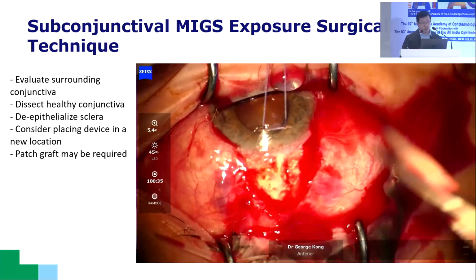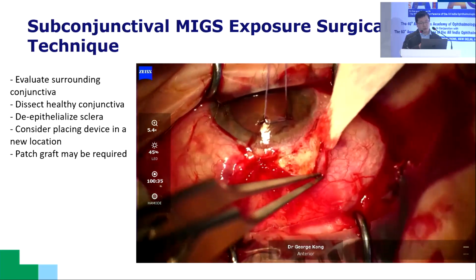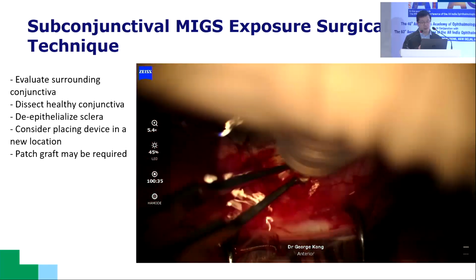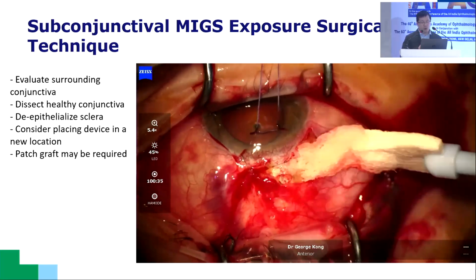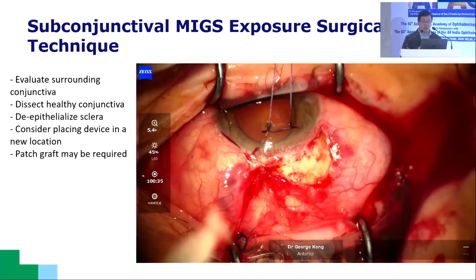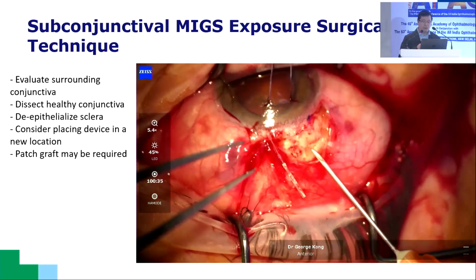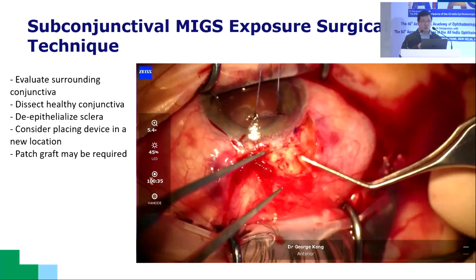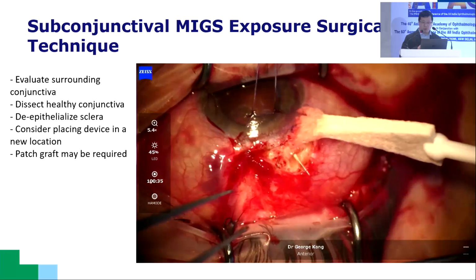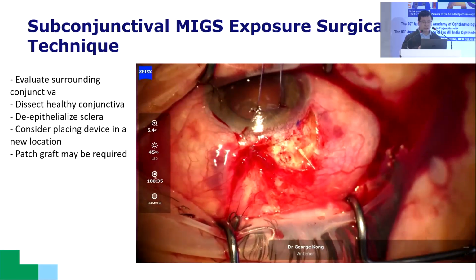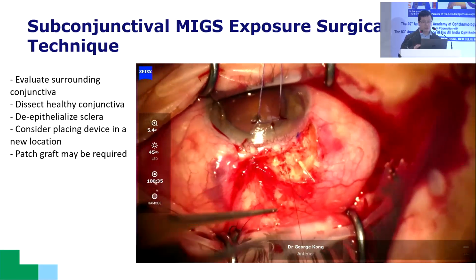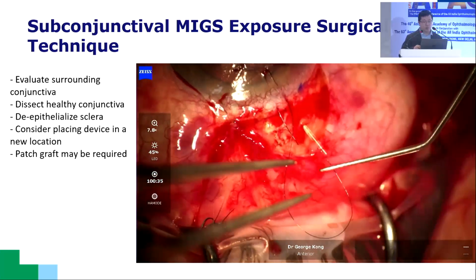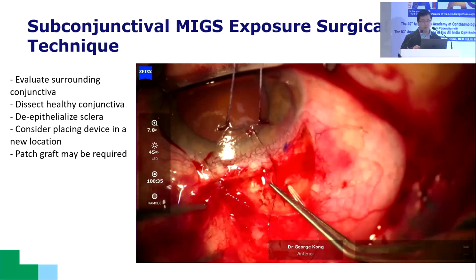The way I approach it is that the conjunctiva around where the previous pressure flow was is quite scarred, so I want to avoid placing the device in the same area. So I take out the pressure flow from the previous area, suture the tract that it once was, suture the conjunctiva, and the conjunctiva in the temporal area is quite mobile, so I replace the pressure flow in the more temporal area.